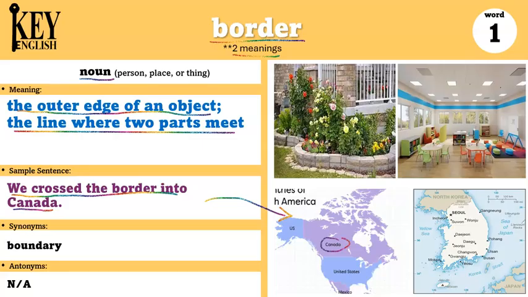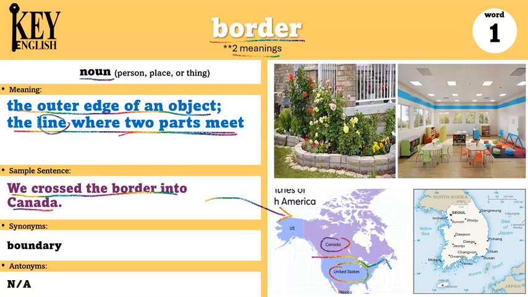There is Canada, and here underneath Canada is the United States. And you can see that there are two different colors to show that there are two countries. This line right between the two is what we would call the border, because it's the line where two parts meet. The two parts are Canada and the United States. So we call it a border.